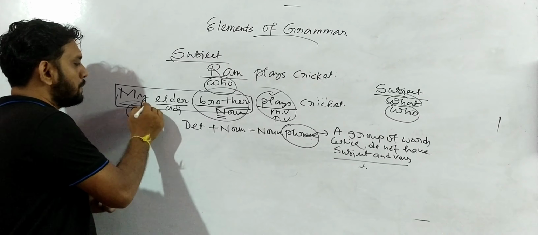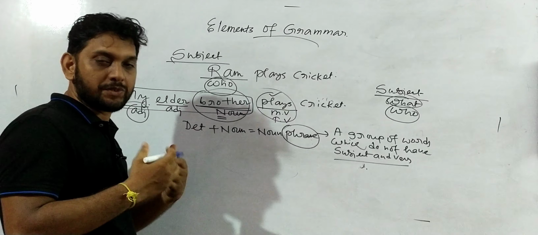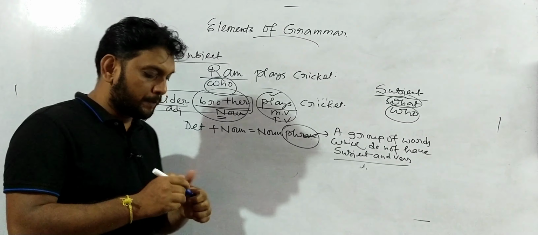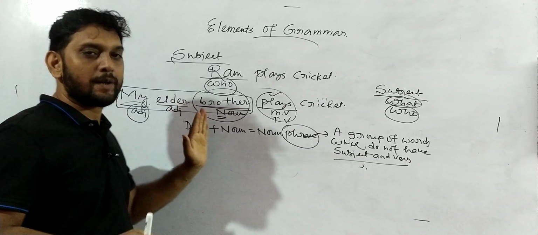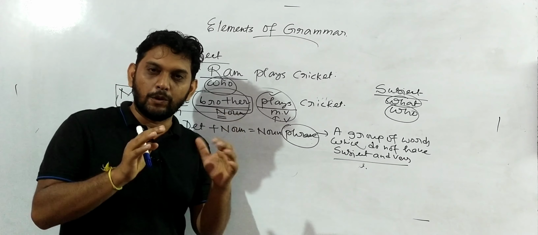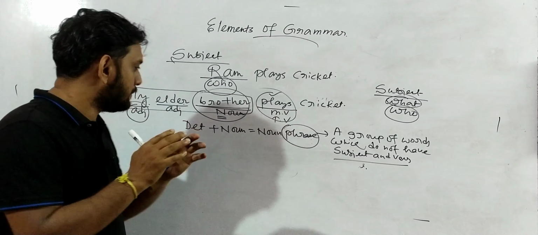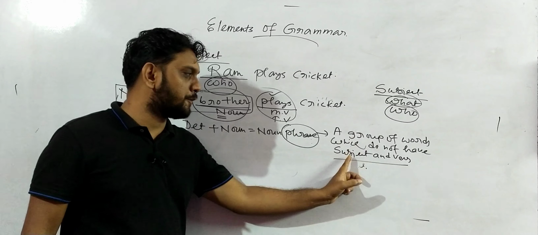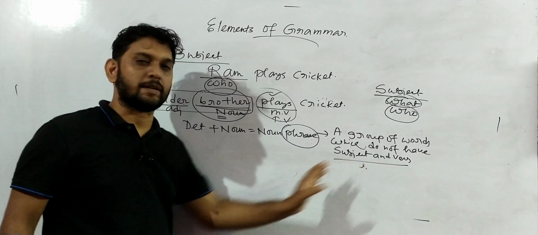So let me tell you, in my elder brother, if you consider these three words, can you find any verb in these three words? Will you find any subject or any verb? What is written over here? A phrase means a group of words which do not have a subject and verb.